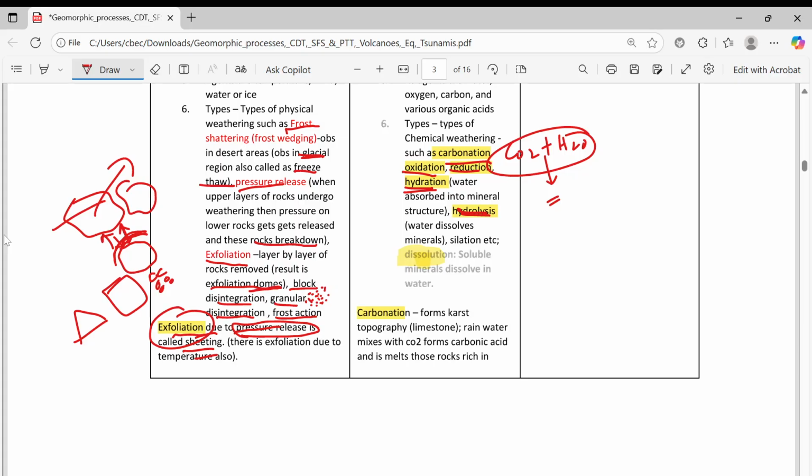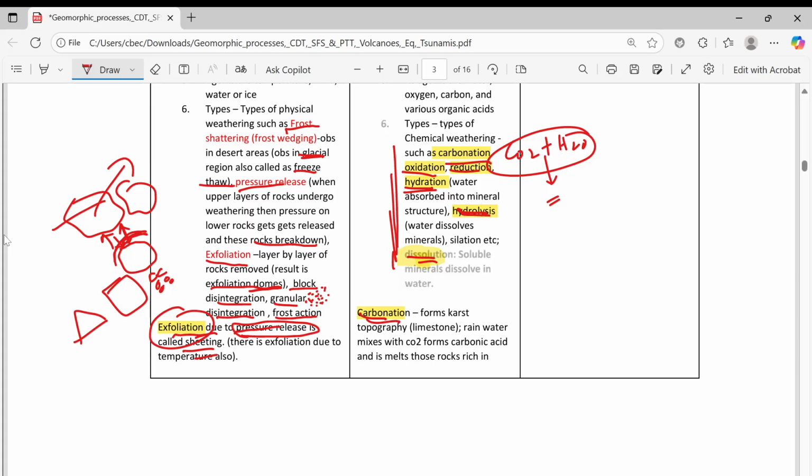For example, you put sugar in the water. Here water is breaking or dissolving whatever material you have given. Dissolution is also the same, dissolving. Simply putting sugar or salt, and it dissolved. So these are the types or processes involved in chemical weathering.